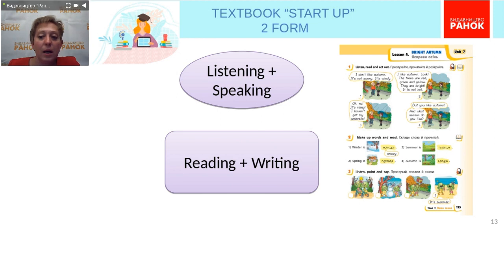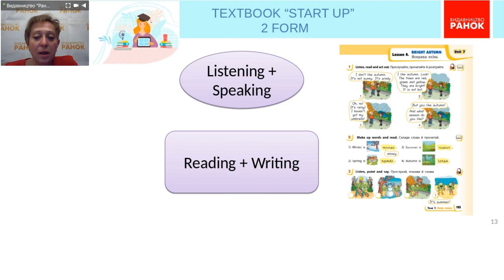So this page demonstrates the topic Our World, and you can see exercise 1, which demonstrates the possibility to practice listening and speaking, when pupils need to listen to the dialogue and then repeat it and act it out.